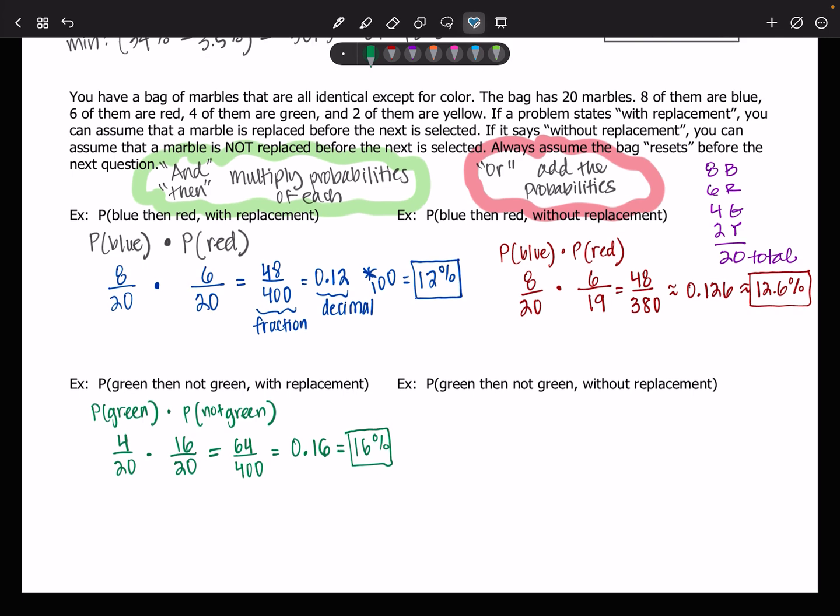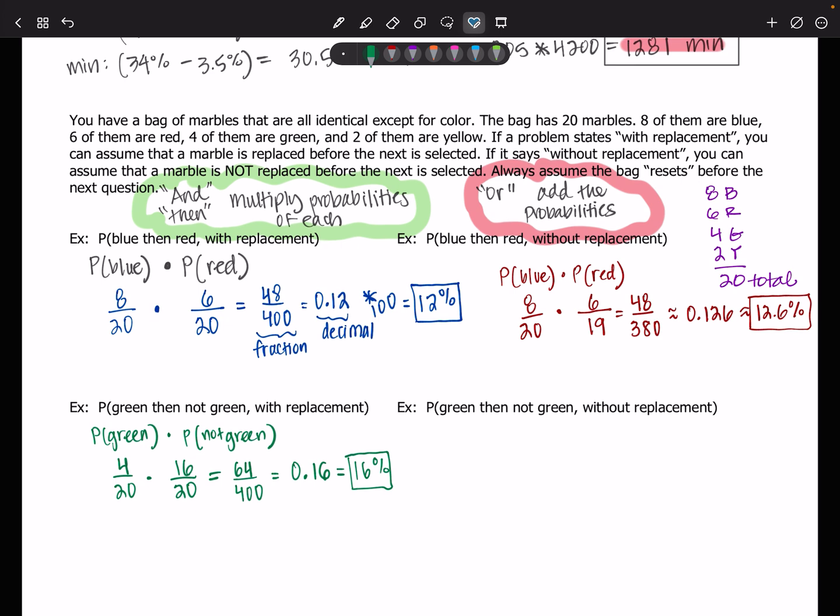Okay, green and then not green without replacement. So the probability of green times the probability of not green, but this time without replacement. So our green was 4 out of 20. Our not green was 16, but it's no longer out of 20, now it's out of 19.